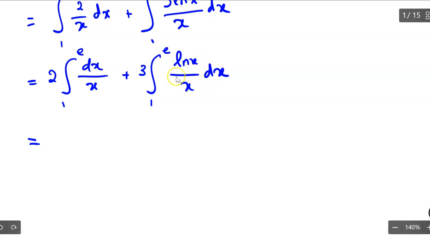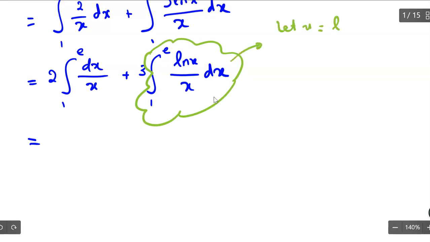So the only thing you can do here is to apply the substitution method. Okay, so substitution method means you have to let something equal to u. So what I'm going to do here is integrate this part for everyone to see using the substitution method. Okay, so I'm going to let u equal to ln of x.